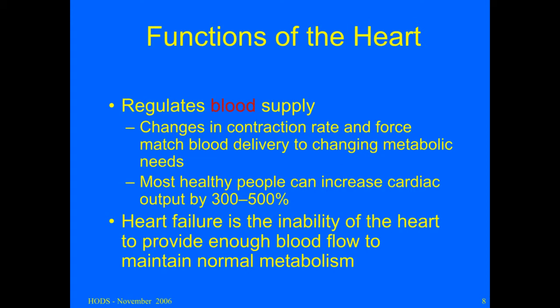What regulates our blood supply? Changes in the contraction rate, to match where blood is needed, or what's going on. Most healthy people can increase their cardiac output about 300 to 500%. So when does the heart rate change?